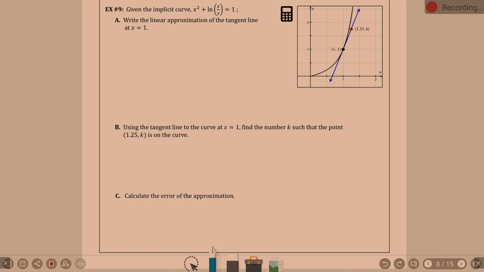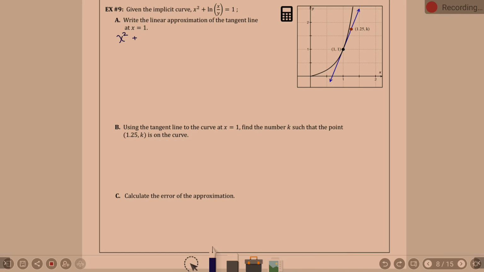I'm going to rewrite this equation. What do you know about natural log of x over y? How could I rewrite that to make my life in taking derivatives easier? Natural log of x minus natural log of y.